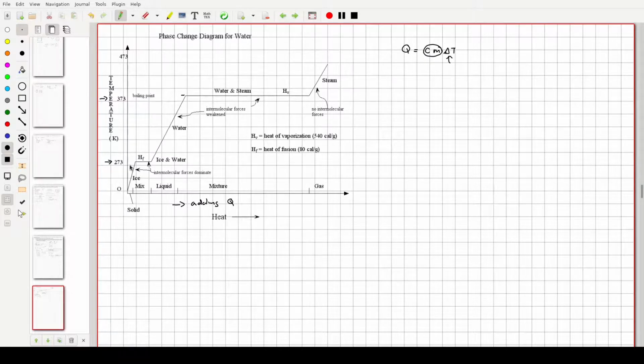However, when you get to the point where you have a combination of ice and water, when your block of ice starts to melt and you get liquid water, what you'll notice is that at that point, when you add heat, the temperature does not change. It stays at 0 degrees Celsius or 273 Kelvin.